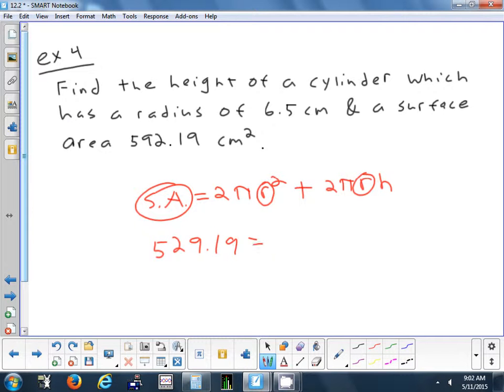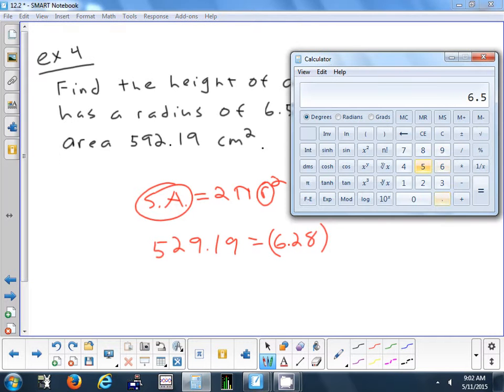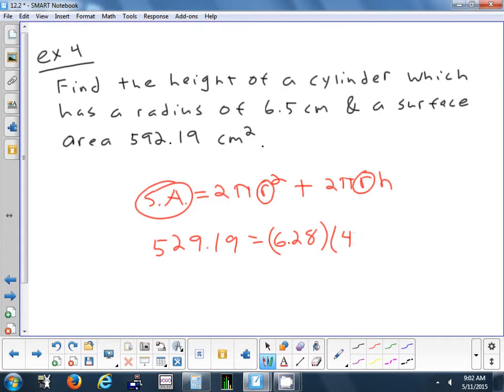What's 2 times 3.14? Let's do that out. 6.28. Yep. My radius is 6.5. Probably need a calculator to square that. 42.25. Plus, Luke just told us again, that's 6.28 times my radius, which is 6.5, times my height.